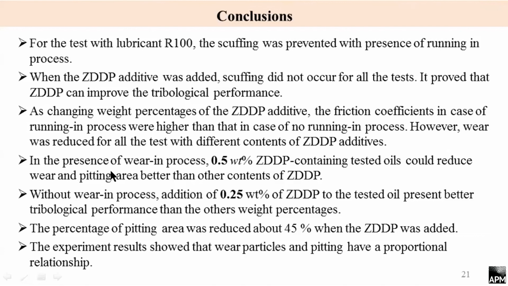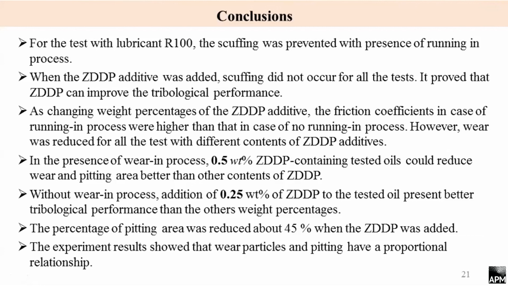In the presence of running-in process, the 0.5 weight percentage ZDDP test could reduce wear and pitting better than other cases. But without running-in process, 0.25 weight percentage of ZDDP can present better tribological performance than the other percentages.